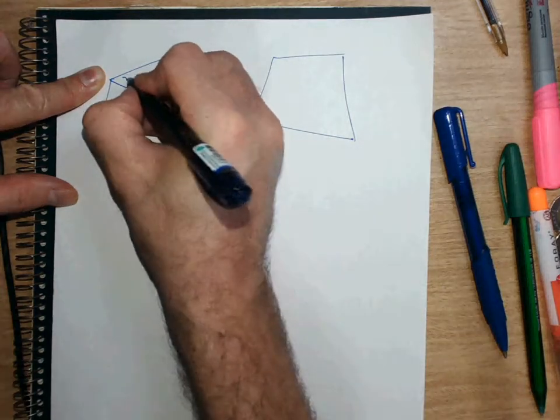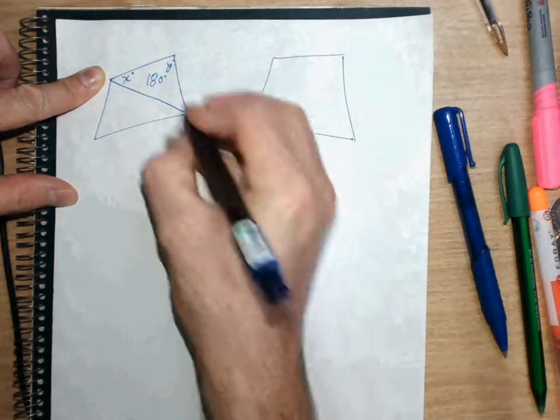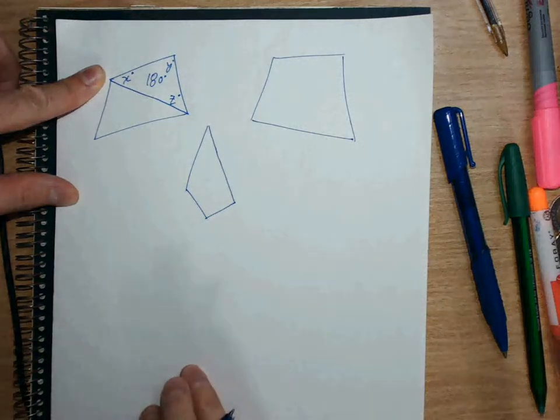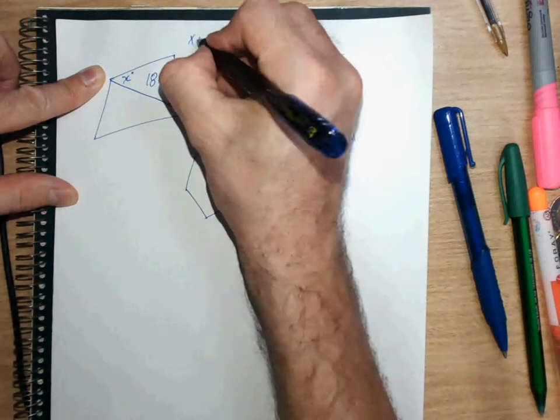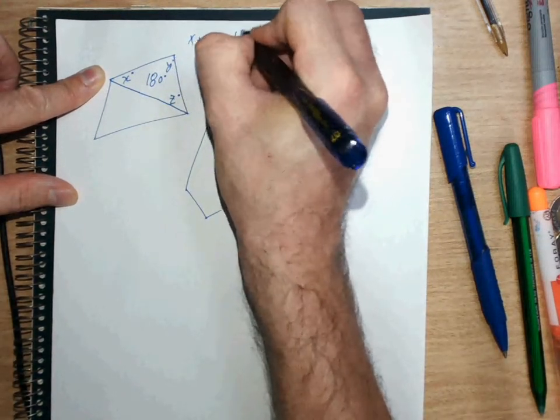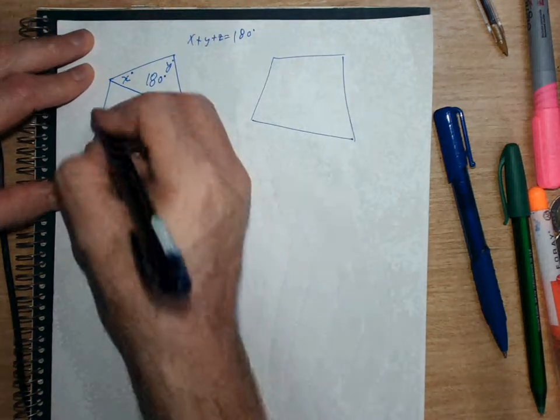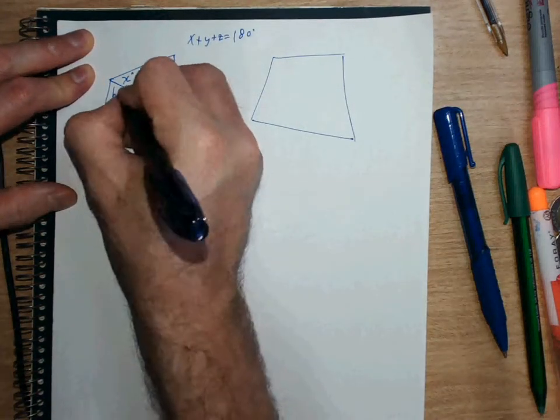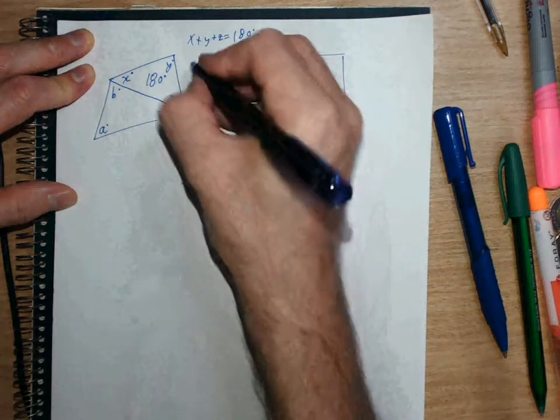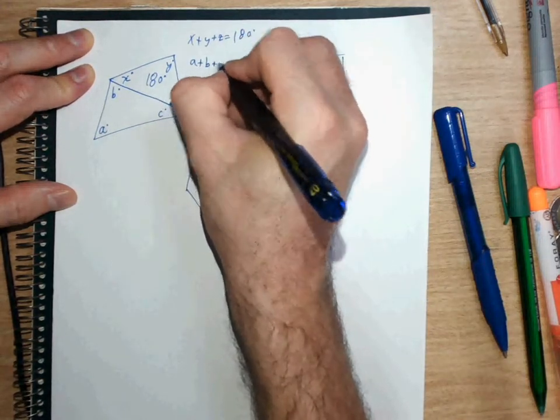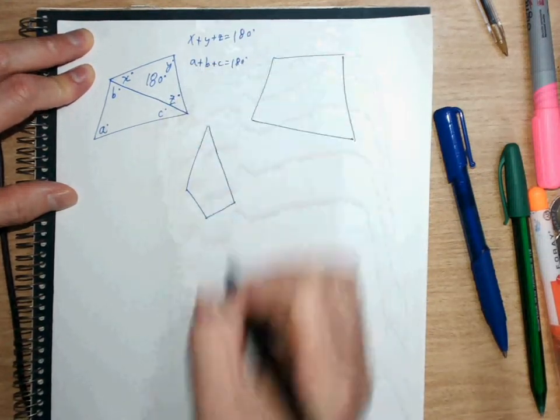So if I had, say, x degrees here, y degrees here, and z degrees here, x plus y plus z would be 180 degrees. And then let's say over here I had a degrees, b degrees, and c degrees. Well, a plus b plus c is 180 degrees as well, right?